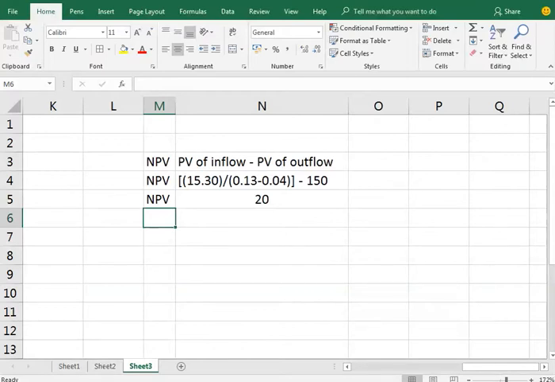Clear? Any doubts on this? So this is going to generate a positive NPV, so we are going ahead with the project. Clear?